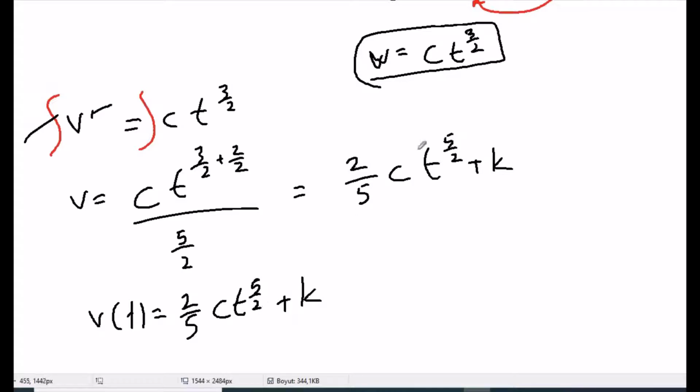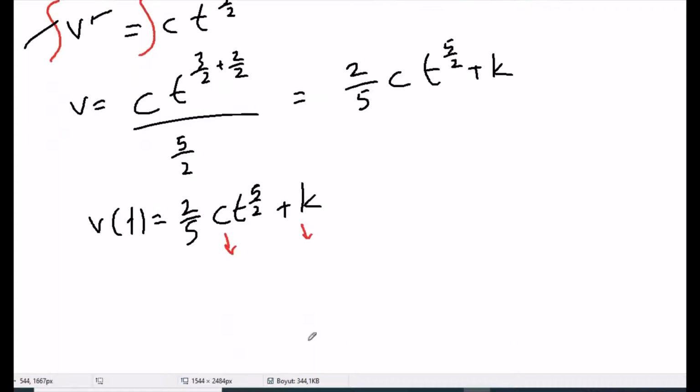As in the repeated root case, we can pick the c value and k value arbitrarily, whatever we want, to eliminate the extraneous terms. So here we arbitrarily pick c as 5/2, so we can cancel this out, and we can pick k as 0, so our v of t will be equal to t to the 5/2.